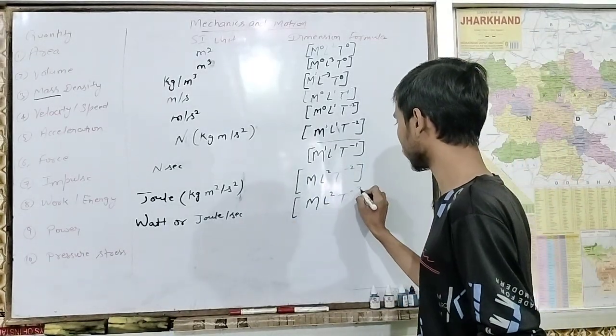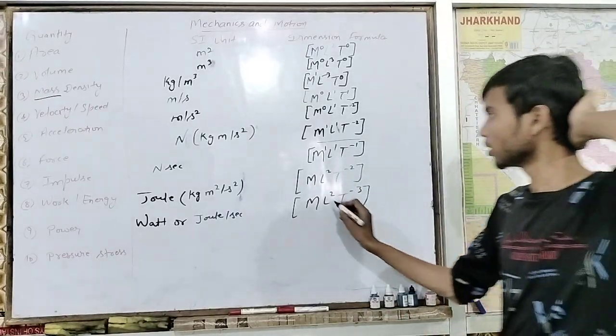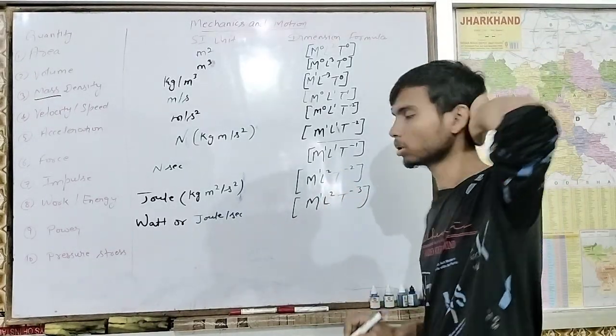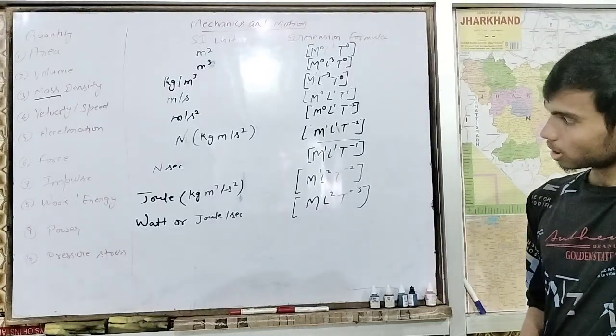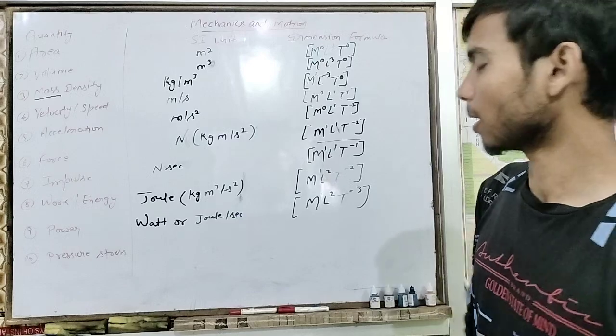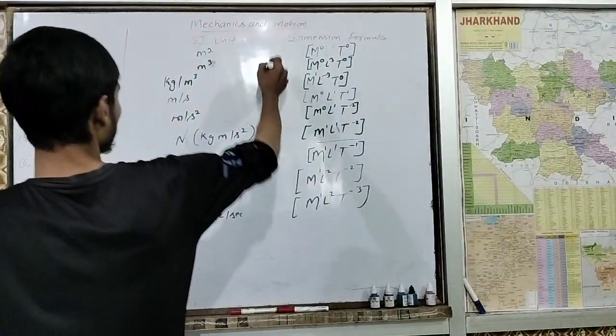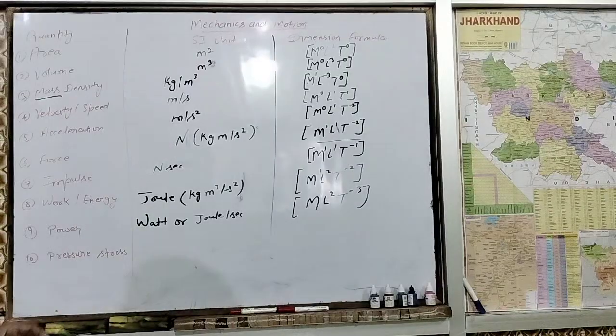This is complete: M1 L2 T minus 3. This is the dimension formula for power, and this is the SI unit for power. I hope you understand.